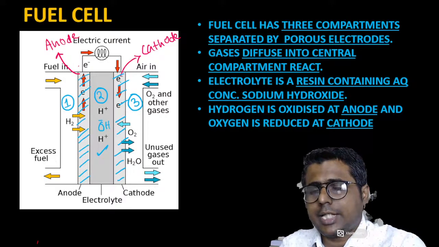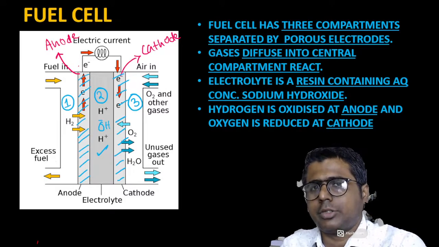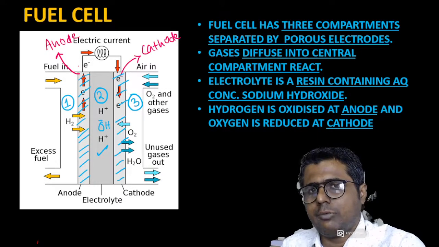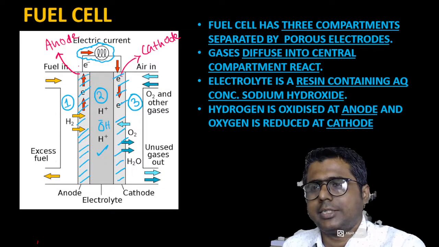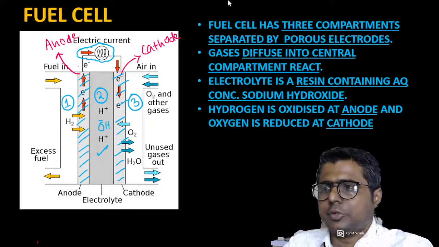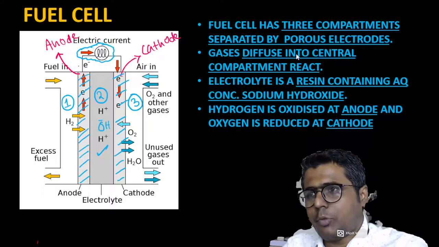While the reaction happens between hydrogen and oxygen, and ultimately water is getting formed, the heat or the energy that is produced is basically reflected over here as electric current, and this current can be used for various purposes. So the same thing is written pointwise over here.